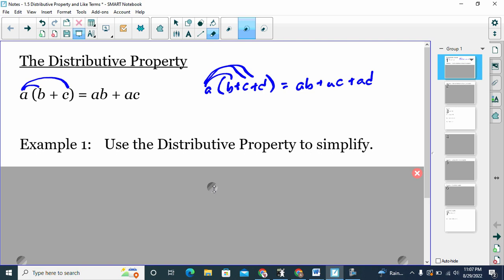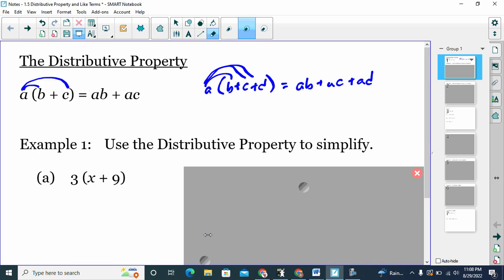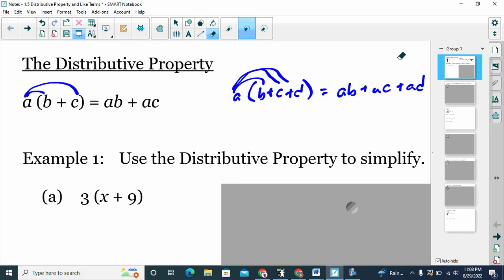So example 1 asks us to use the distributive property to simplify the expression. We're going to simplify the following algebraic expressions. And part A says 3 times the quantity x plus 9.